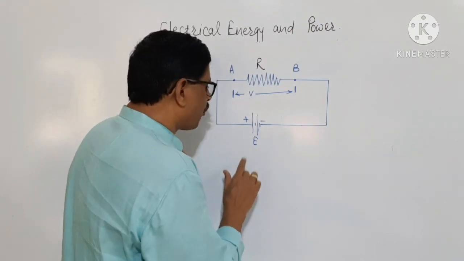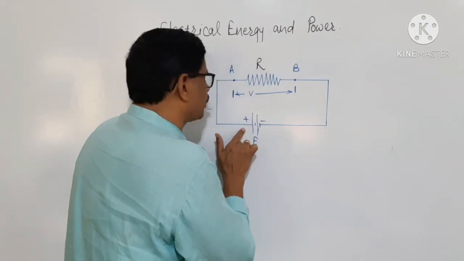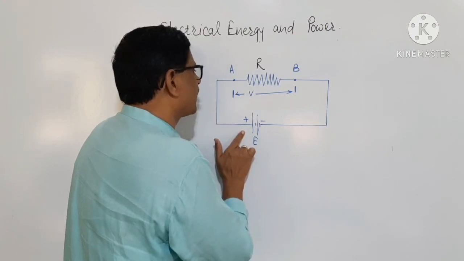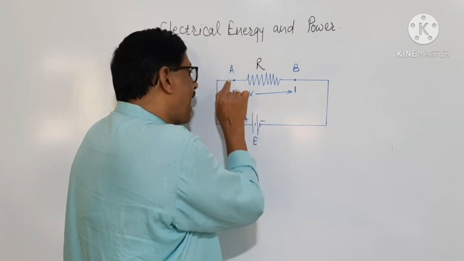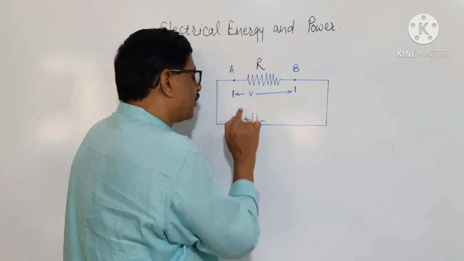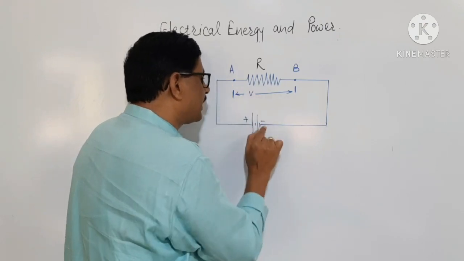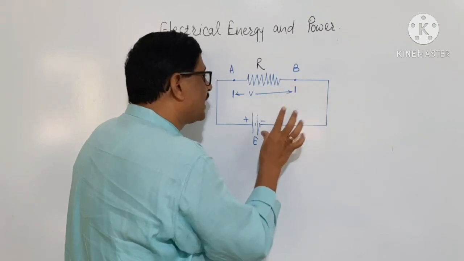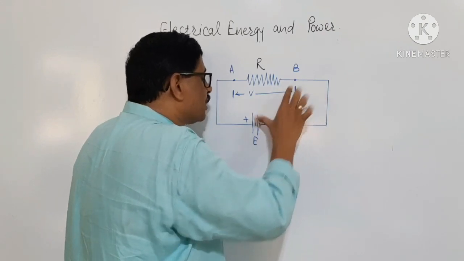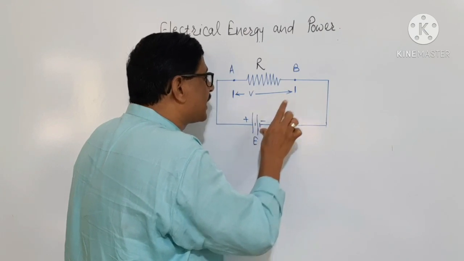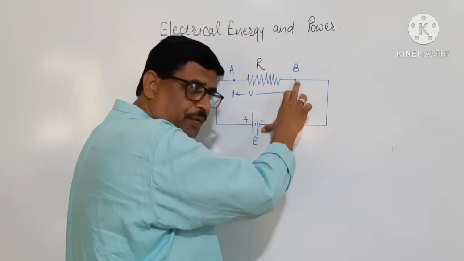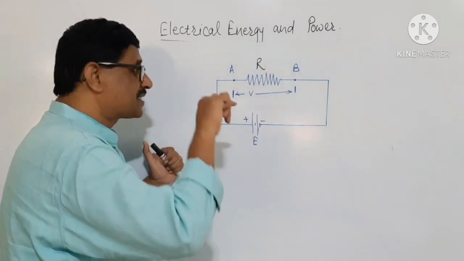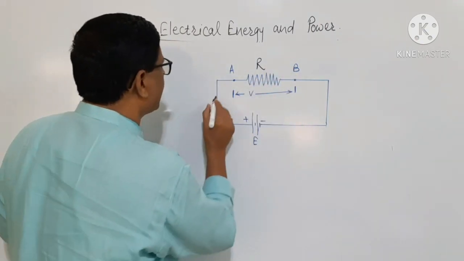Therefore, whatever is the positive potential at the positive of a battery is same as at point A, and what is the potential at negative is same as that of B. Therefore, between the negative terminal and B there is no potential difference. They are at the same potential, but still there is a flow of current.